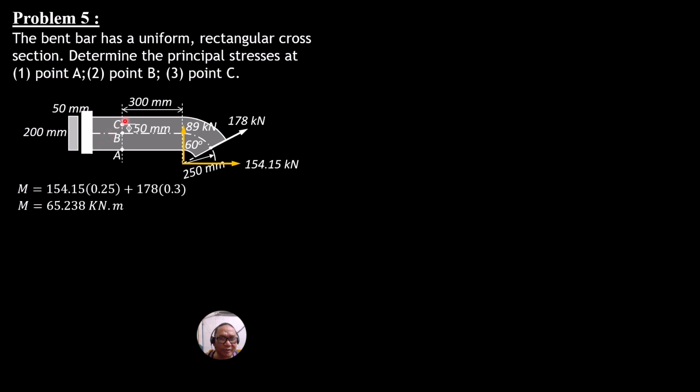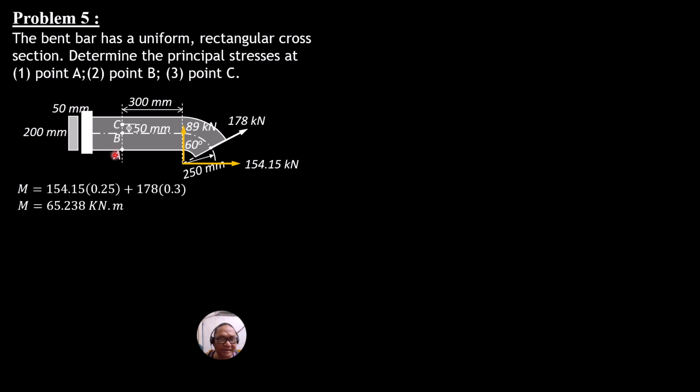That would cause axial tensile stress at A, which is equal to 154.15 times 1000 newtons divided by area, 50 times 200. And for bending, if that's the sense of moment, then it is also tension: M times C, with C at the bottom being 100, divided by moment of inertia, MC over I, with I equal to 50 times 200 cubed over 12.